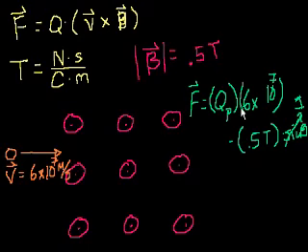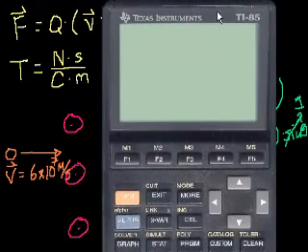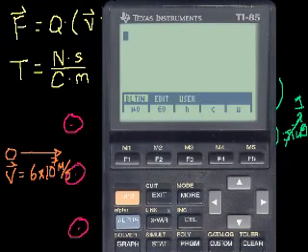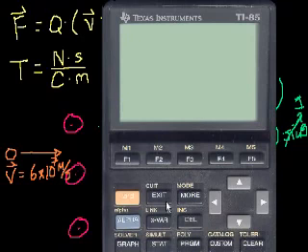So the magnitude of the force is actually pretty easy to calculate if we know the charge on a proton. Let's see if we can figure that out. Let me get the trusty TI-85 out. Let me clear it so you can appreciate that.